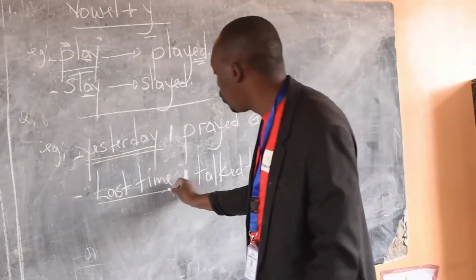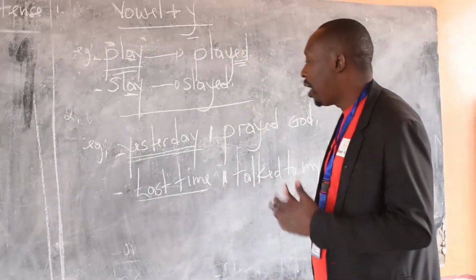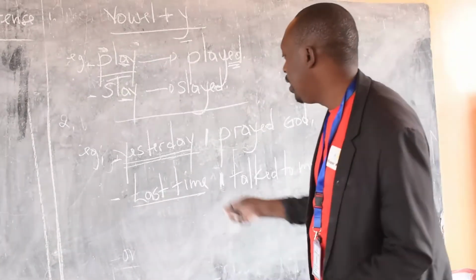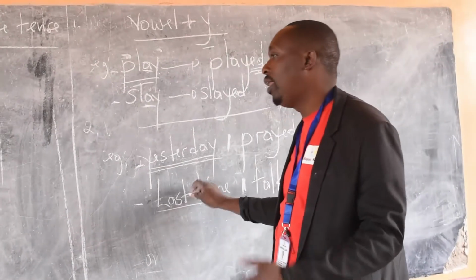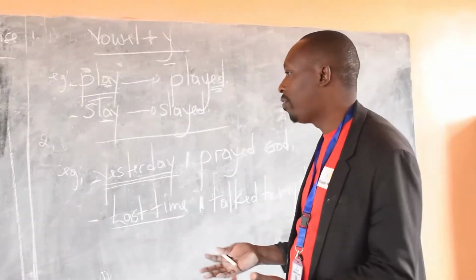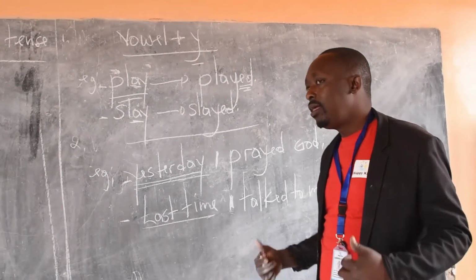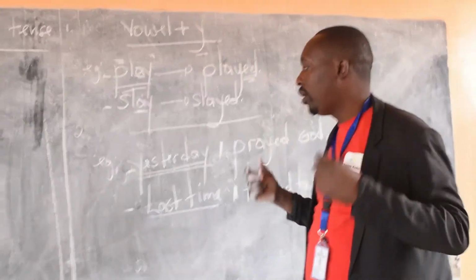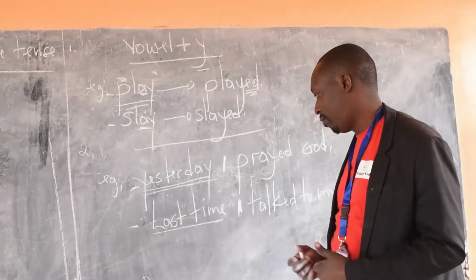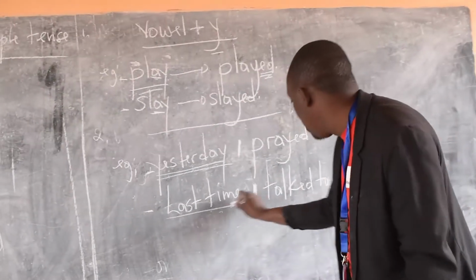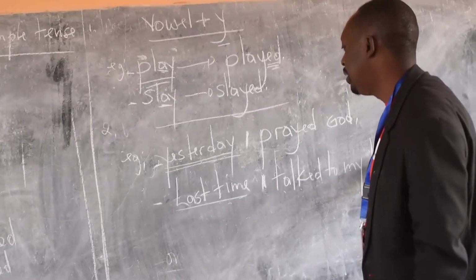This keyword also indicates the past. Whenever you see yesterday, whenever you see last time, last year, last week, last day, think about using simple past tense. Okay, last time I talked to my teacher.